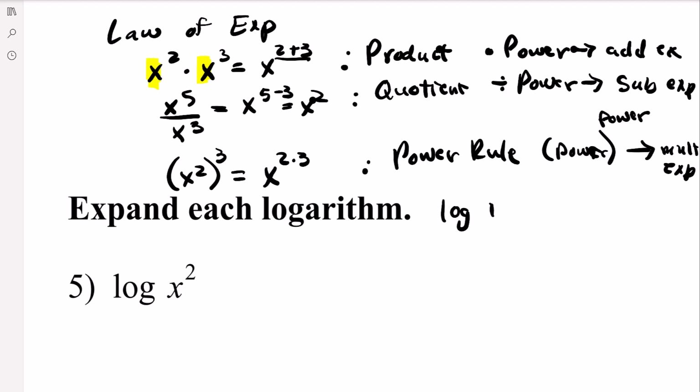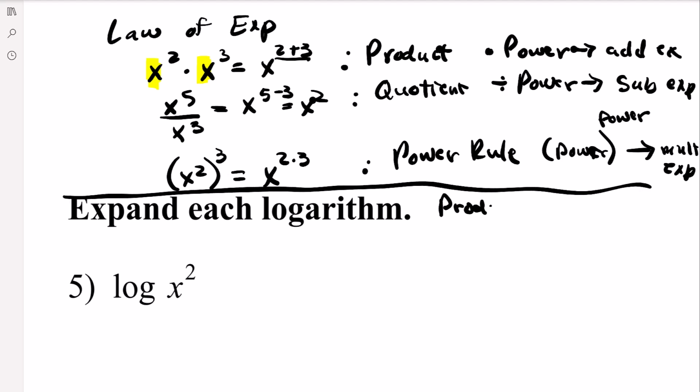Okay, the reason why I'm saying this, that when you add logs, so let's do it this way. So this is the product rule for logs. So when you have log base b argument x plus log base b argument y, when you add logs with the same base, think about up here.